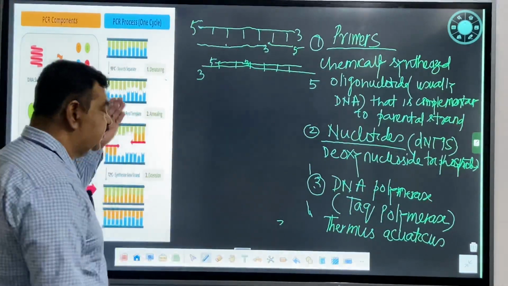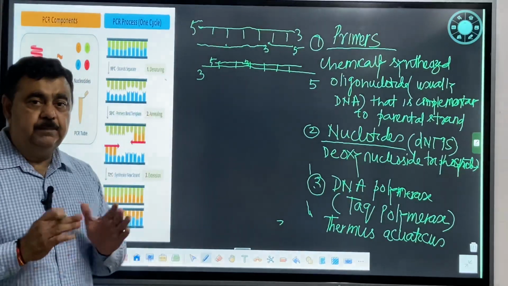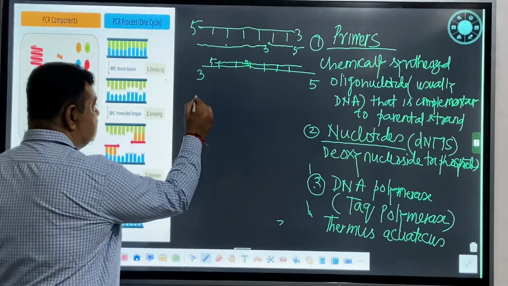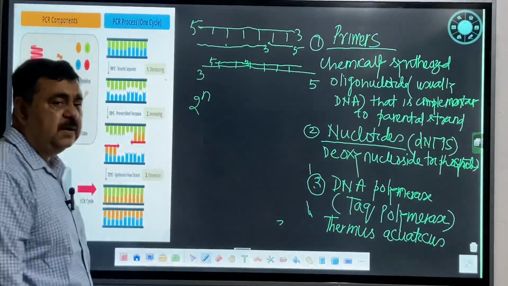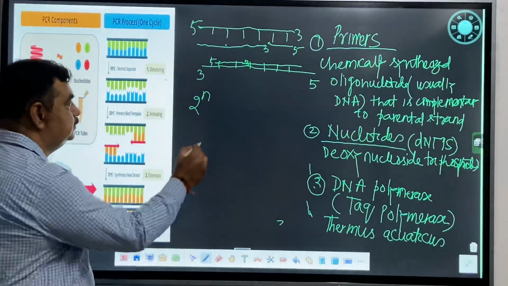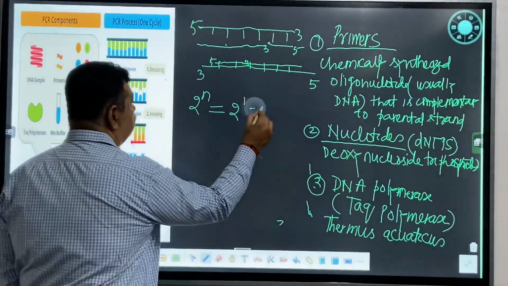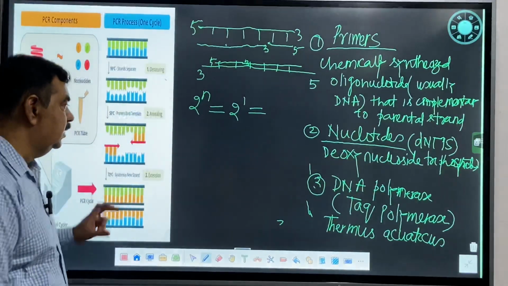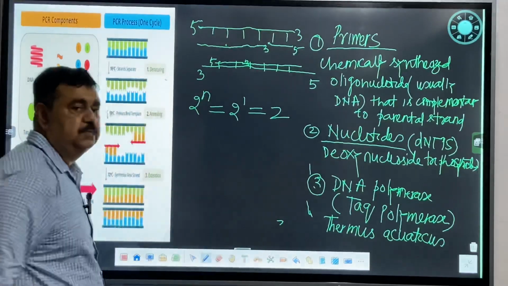If this cycle is performed many times, then you can get billions of copies of DNA. For example, you can see here, n is the number of cycles. If this cycle is repeated one time, the number of DNA formed is 2.